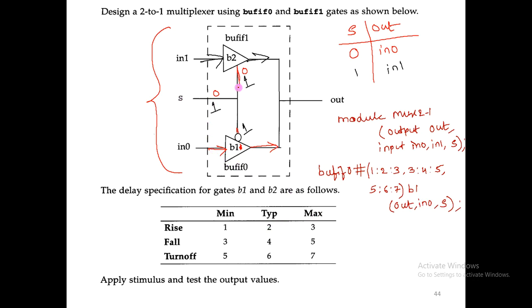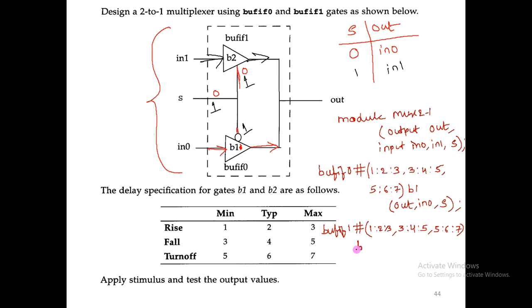Now similarly, the second statement is buffif 1 hash. Same thing, because I mentioned that the delay specification for gate B1 and B2 are the same. Let me write the same thing: 1 colon 3 comma 3 colon 4 colon 5 comma 5 colon 6 colon 7, close the bracket.